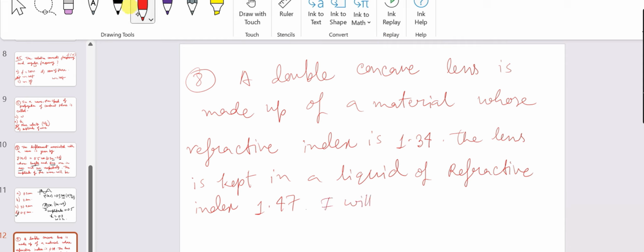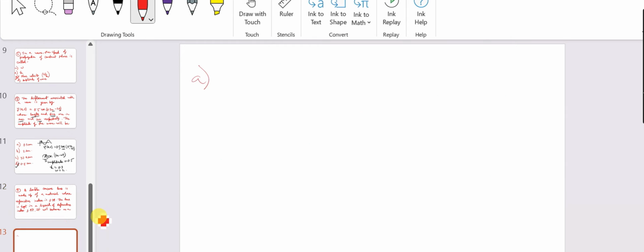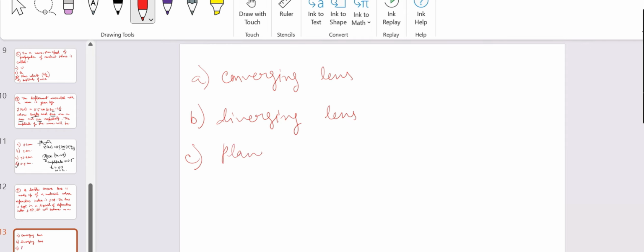It will behave as: A, a converging lens, B, a diverging lens, C, a plain glass surface, D, none of this.